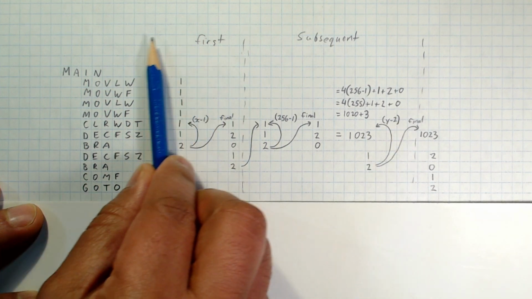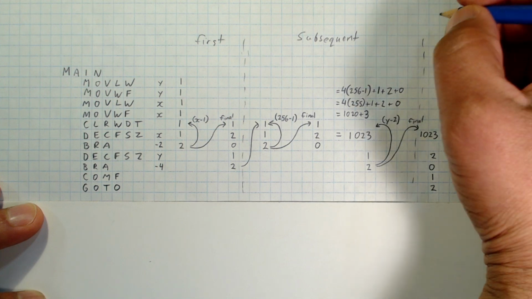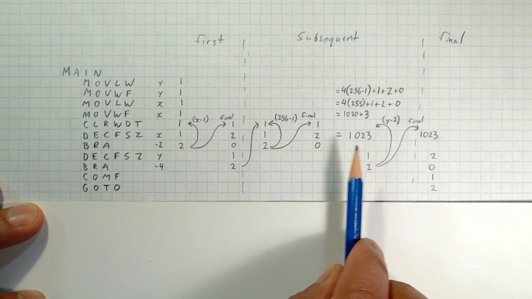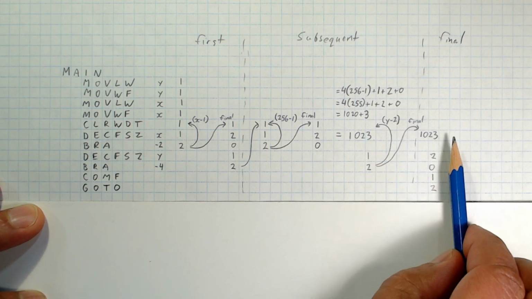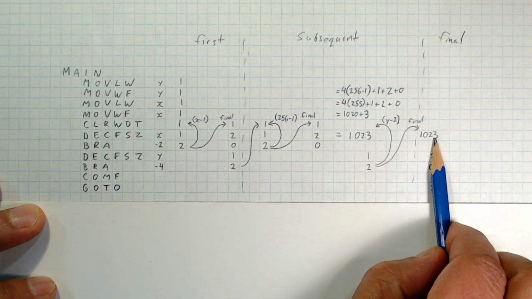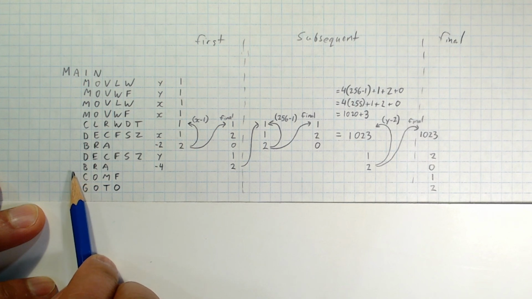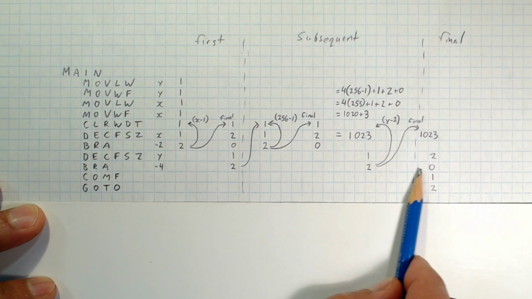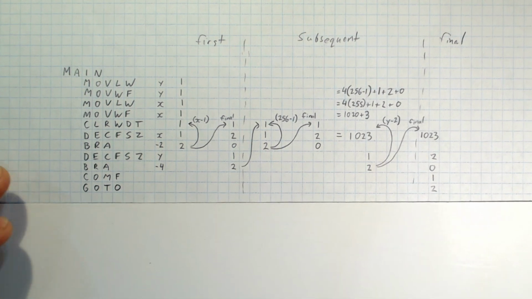The first loop is taken care of here. The last loop is taken care of here, or the final, but all the others, Y minus 2, are done here. And then we end off with the final loop, which starts off with the same value of 1023, and then we add the stuff outside the final loop, the 2 for the DECFSZ, 0 for branch because it gets skipped, 1 for COMF, and 1 for GoTo.